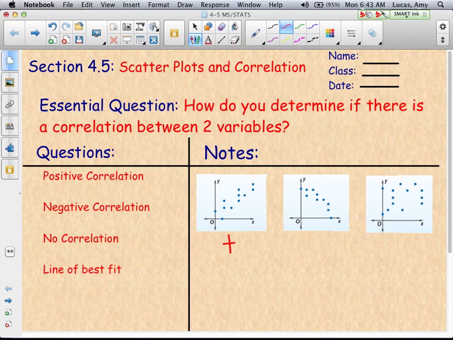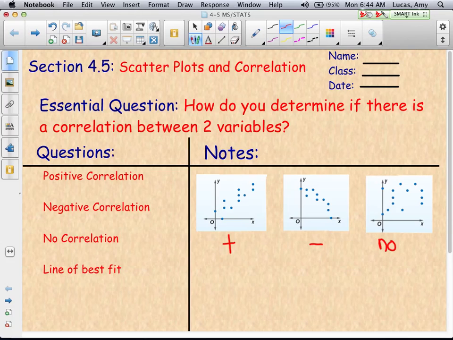The dots are kind of clustered together so that there's a pattern where the dots are going up from left to right. Negative correlation is like a negative slope. So the dots are scattered, but they are in a pattern where they're going down from left to right. And then no correlation is when they are scattered all around the graph, so there really is no pattern at all.